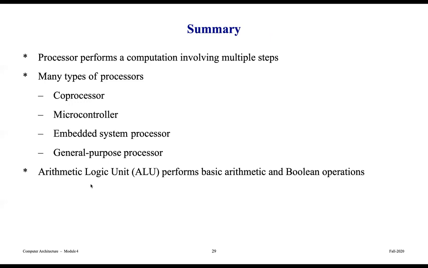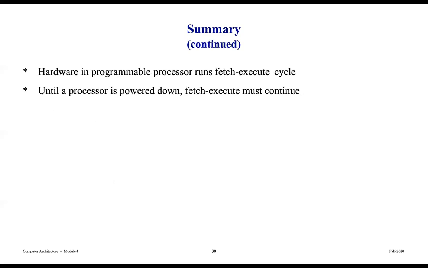The arithmetic logic unit, or ALU, performs the basic arithmetic and Boolean operations. This can all be implemented in basic digital logic, and we will give some examples of how that looks later in the course. Hardware in a programmable processor runs the fetch, execute cycle.